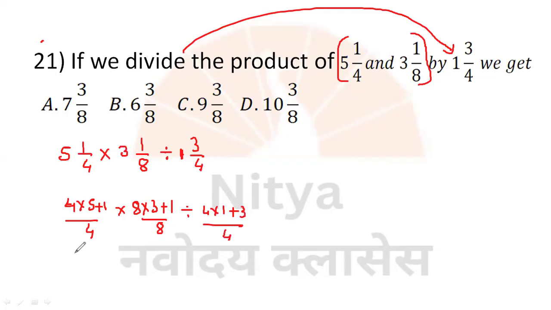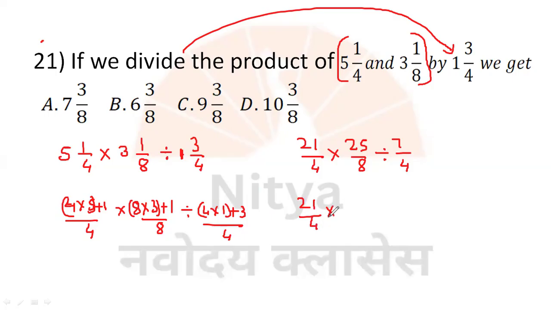So 4 fives are 20 plus 1, that is 21/4, multiplied by 8 threes are 24 plus 1, that is 25/8. First multiply, then add: 4 ones are 4 plus 3, that is 7/4. So we have 21/4 multiplied by 25/8.